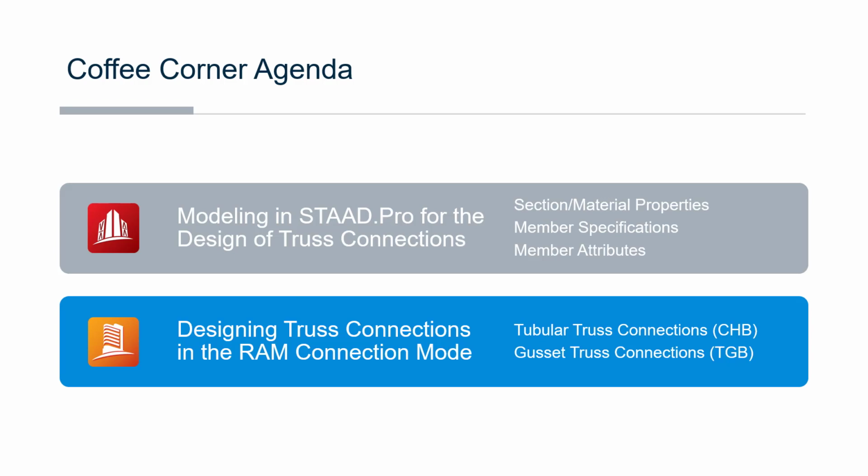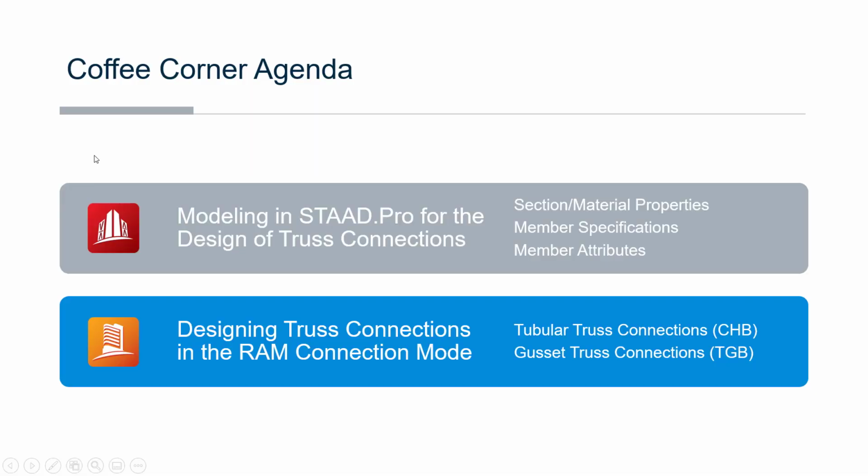Make sure you enter your member specifications appropriately for the assumptions that are used in a truss connection. And make sure you set up your member attributes. We're going to be walking through a model that's already had all this stuff defined for it, but I want you to be aware of it and know how to do it yourself. In addition to that, the second part of our session will be focusing on actually designing the truss connections in the RAM connection mode. And we do have two different types of truss connections available. We have a tubular truss connection and also a gusset truss connection.